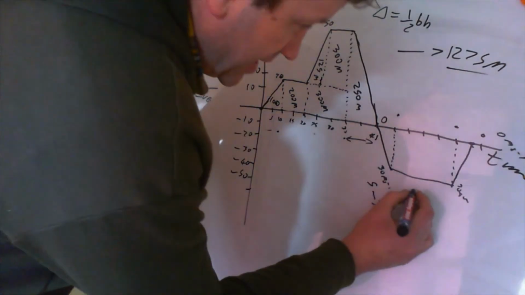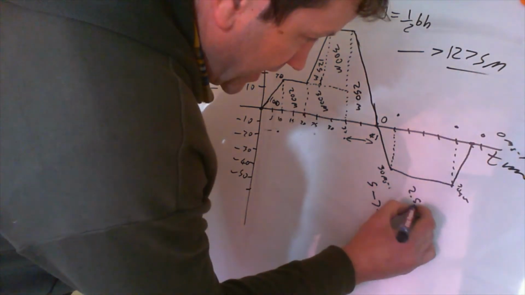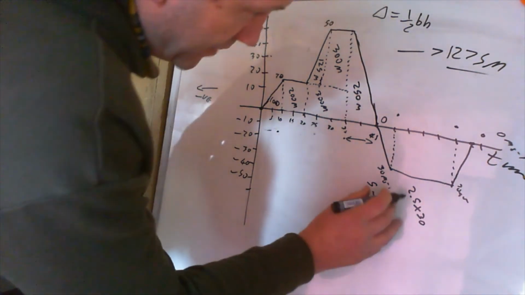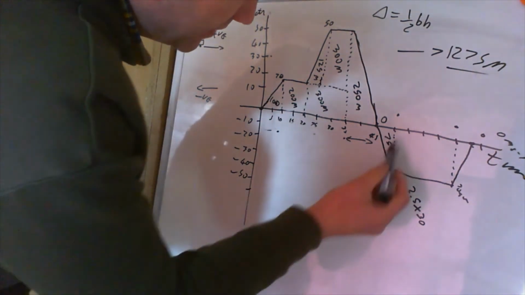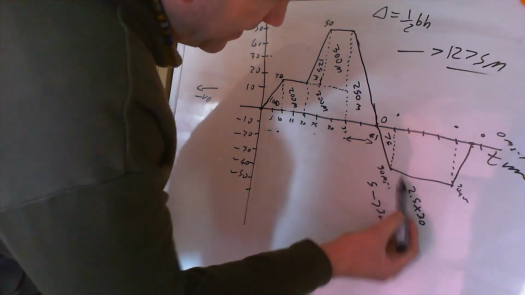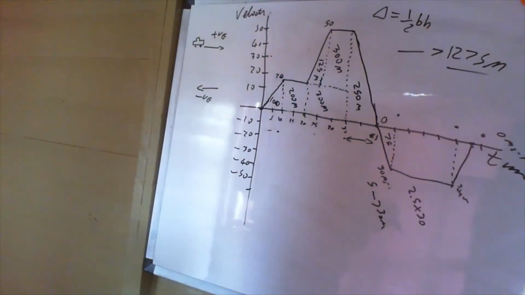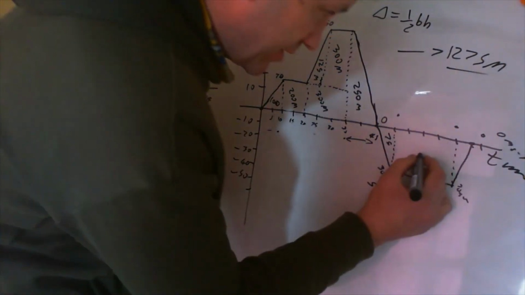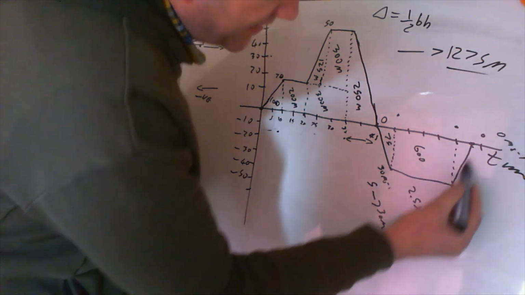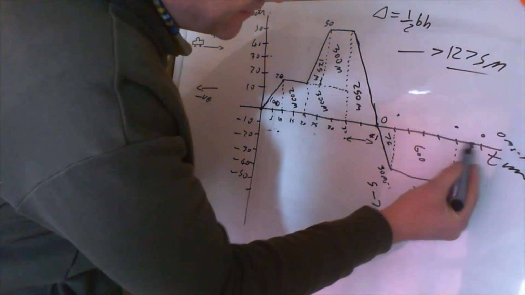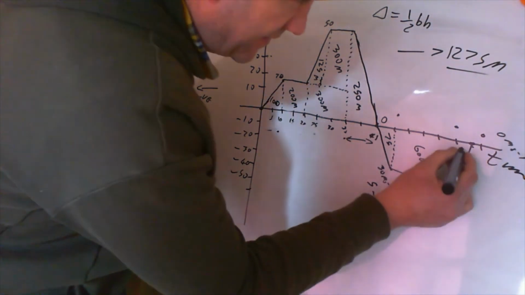Half the base is 2.5 times 30, which is 75. And this one's another 20 seconds at 30. What's 20 times 30? That's 600. And then another going from 30 to 0 in 5 seconds. So it's the same as that, 75.